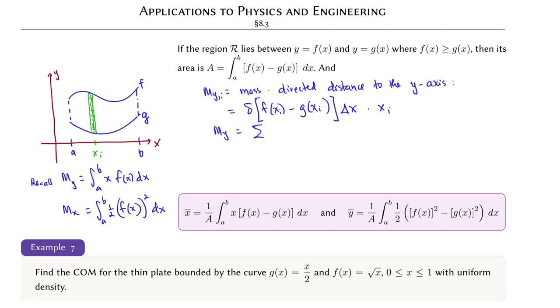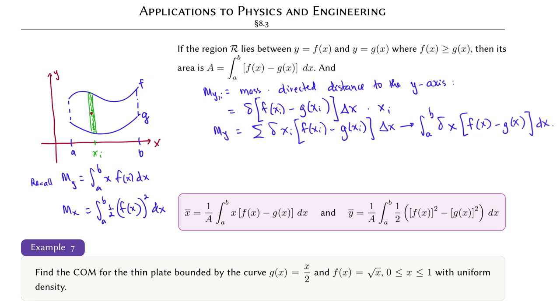The total moment is the sum of the density, xi, times f of xi minus g of xi, delta x. But this, as n goes to infinity, will give us the definite integral from a to b of delta, x, f of x minus g of x dx.